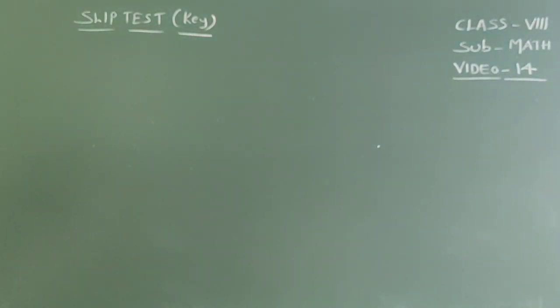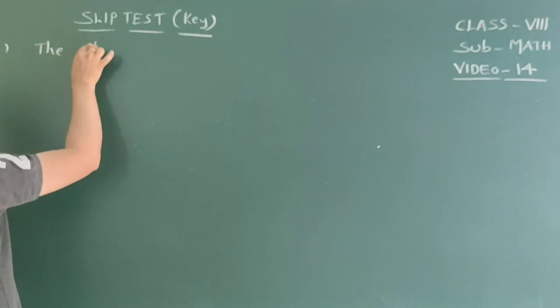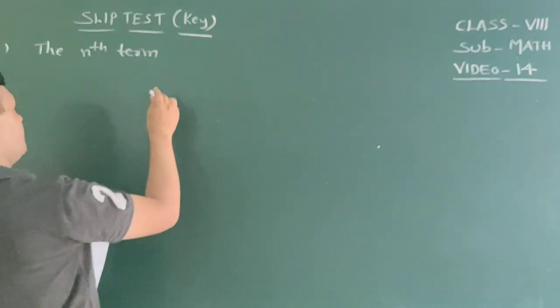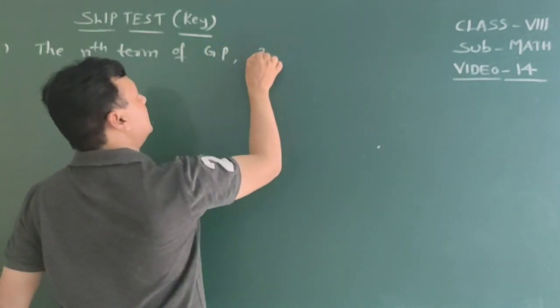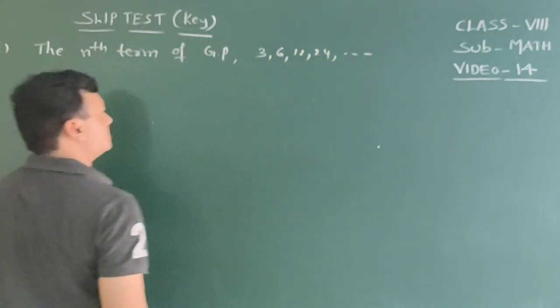However, we need to discuss the key. First, in the first question, the nth term of a GP 3, 6, 12, 24 and so on.